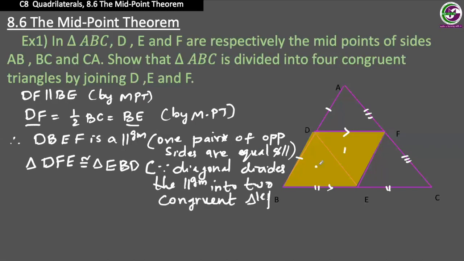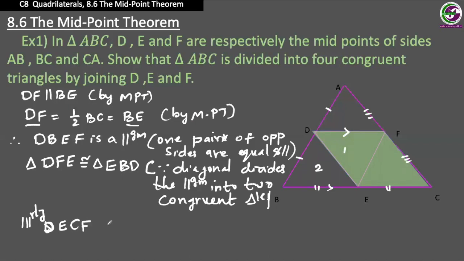Let's say triangle 1 is congruent to triangle 2. Once again, when you consider the parallelogram DECF, triangle 1 is congruent to triangle 3.